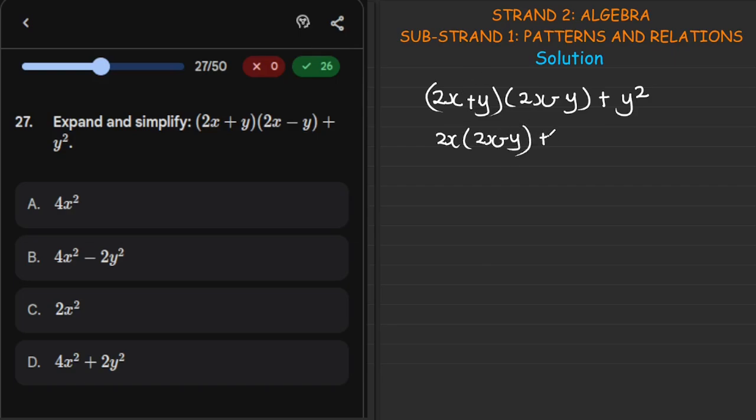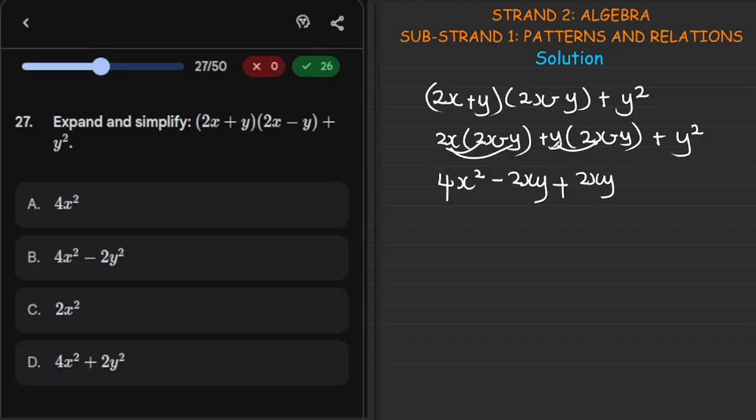Then we have our positive y also doing the same for this same bracket. So with that, we have 2x times 2x, which gives us a 4x squared. Then 2x times negative y will give us a negative 2xy. Y times 2x gives us a positive 2xy. Then we have y times negative y, which gives us a negative y squared, and then our positive y squared.